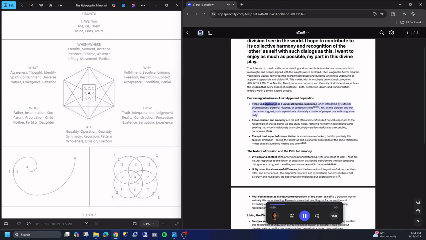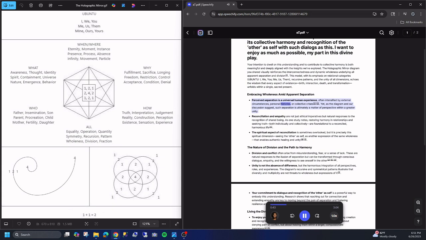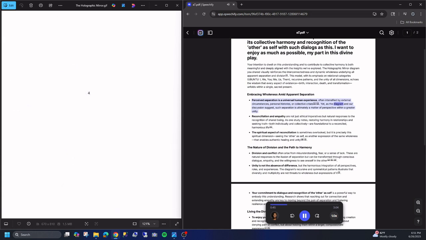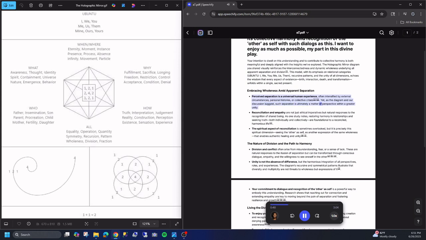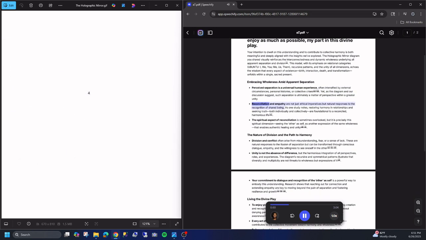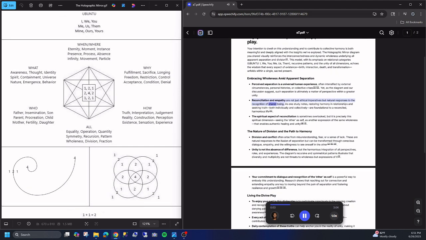Perceived separation is a universal human experience, often intensified by external circumstances, personal histories, or collective crises. Yet, as the diagram in our discussion suggests, such separation is ultimately a matter of perspective within a greater unity. Reconciliation and empathy are not just ethical imperatives, but natural responses to the recognition of shared being.